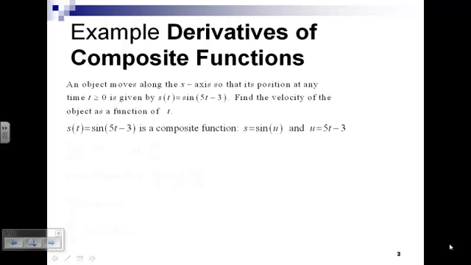Derivative of the outside, leave the inside the same, multiply by the derivative of the inside. Here it goes. The derivative of the outside function is cosine of t. The derivative of the inside function is 5.